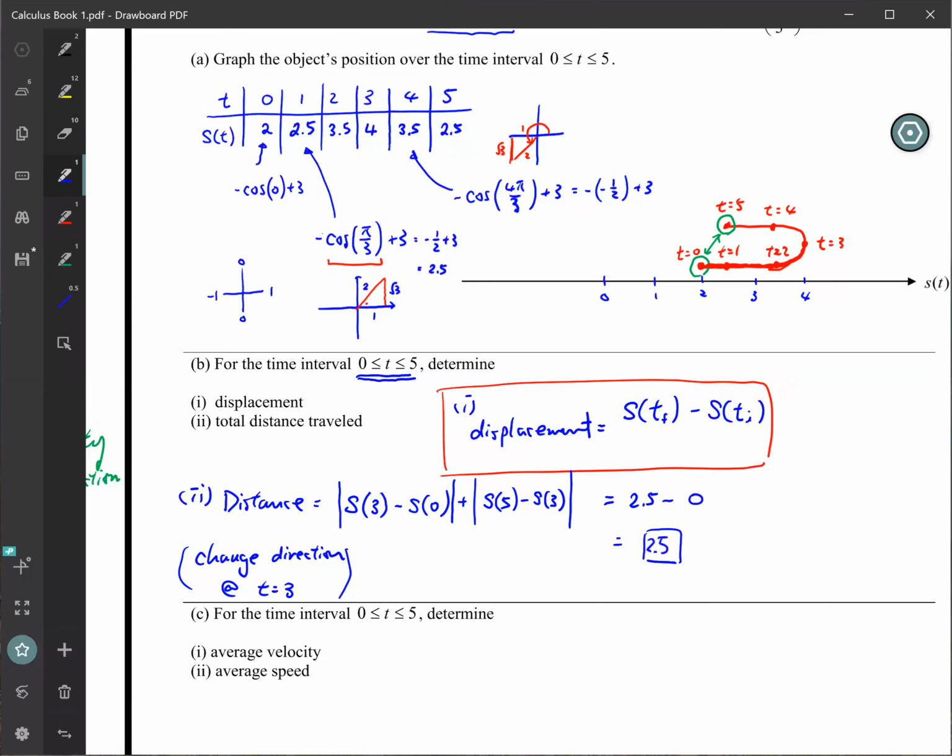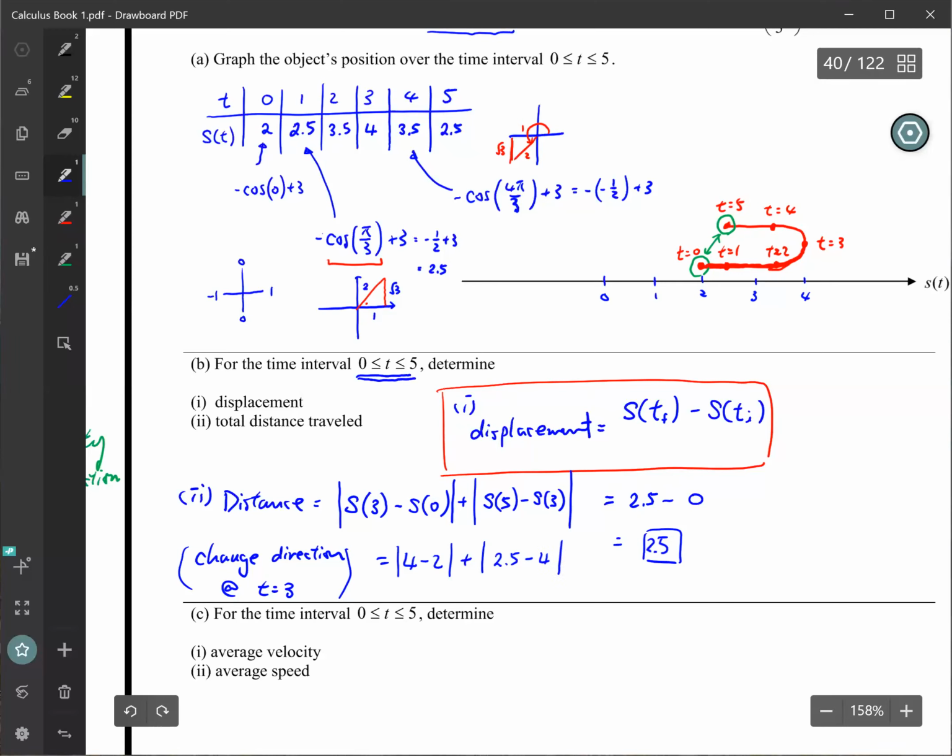Right. Okay. Very good. So S of 3 will be 4, right? So 4 minus 2, right? And then S of 5 is 2.5 minus 4.